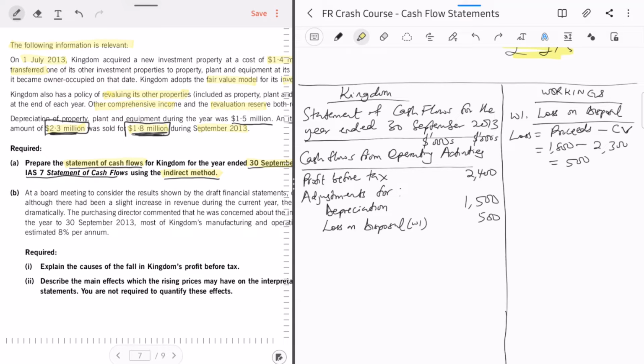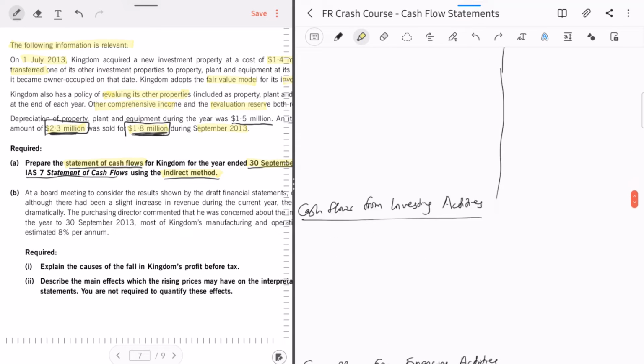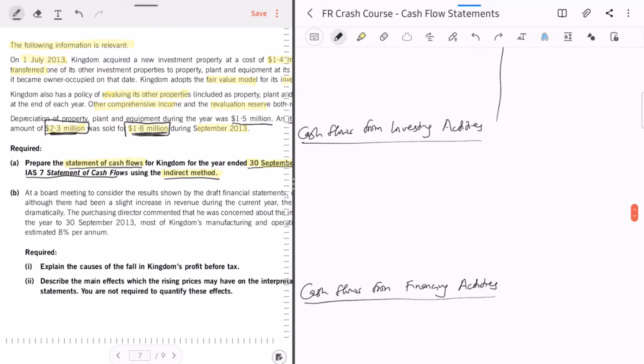So if an item of PPE has been sold for 1.8 million, that is clearly a cash inflow from investing activities. So I come to my investing activities and I put here proceeds from sale of PPE, 1,800 inflow.